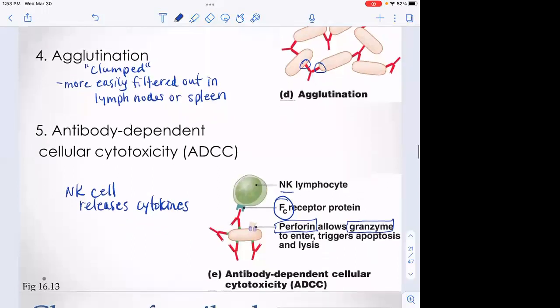We call that antibody-dependent cellular cytotoxicity, so ADCC. Lots and lots of abbreviations: TLRs, PCRs, BCRs. To some extent you have to be fluent in this field to recognize all those different abbreviations.